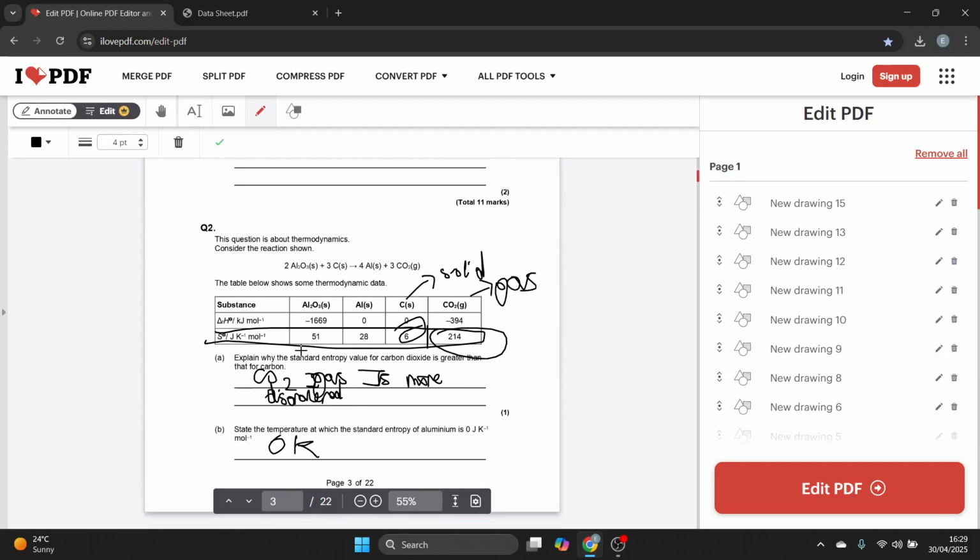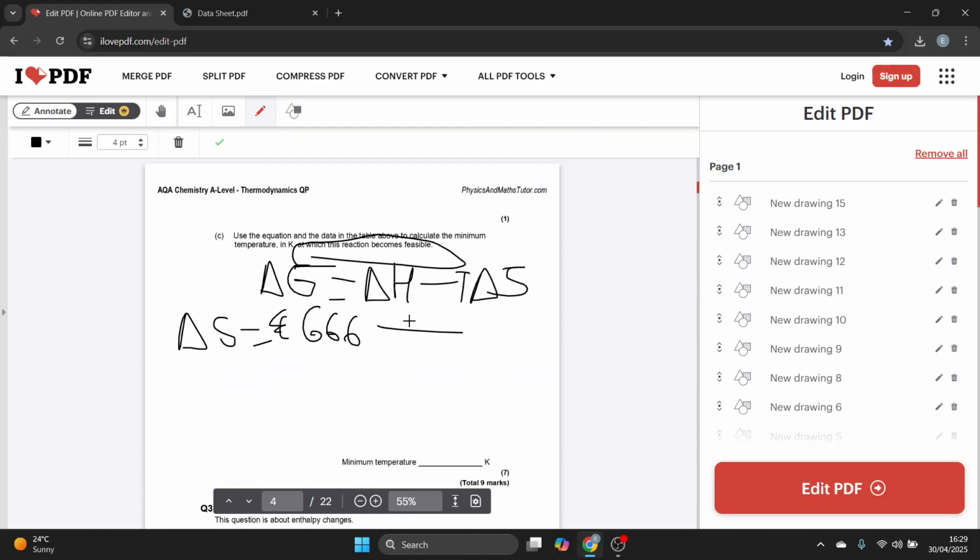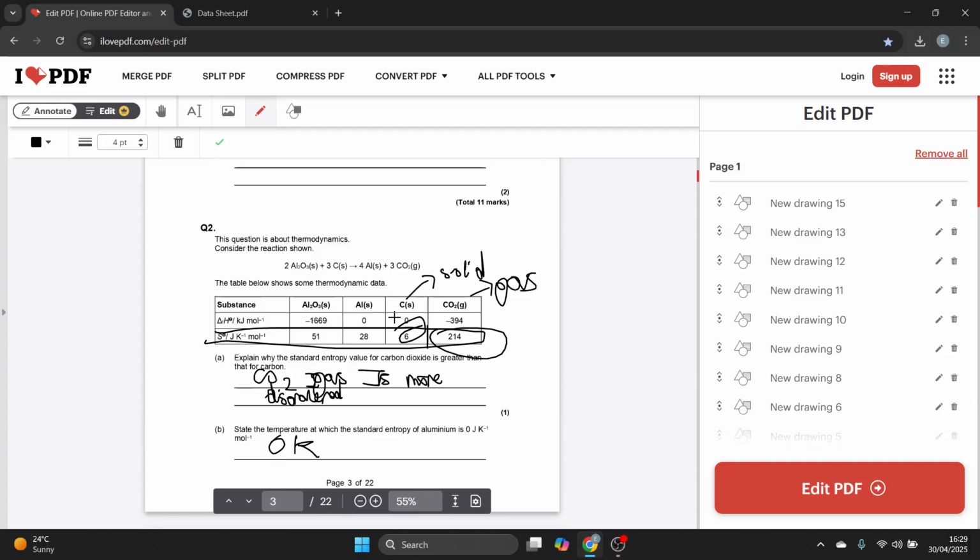So delta S is going to be delta S of products, 4 times 6 plus 3 times 214. So 666 minus the entropy of reactants, 2 times 51 plus 4 times 28 plus 3 times 214.